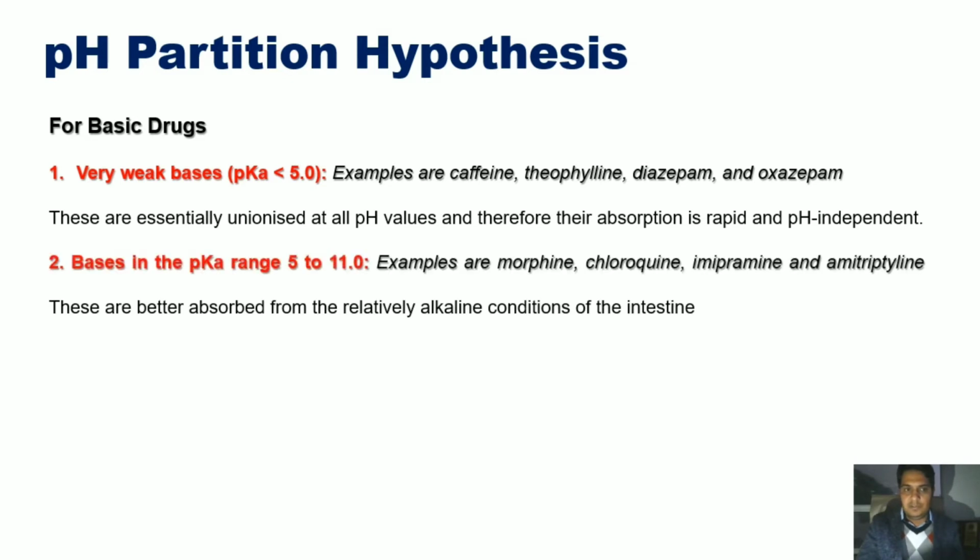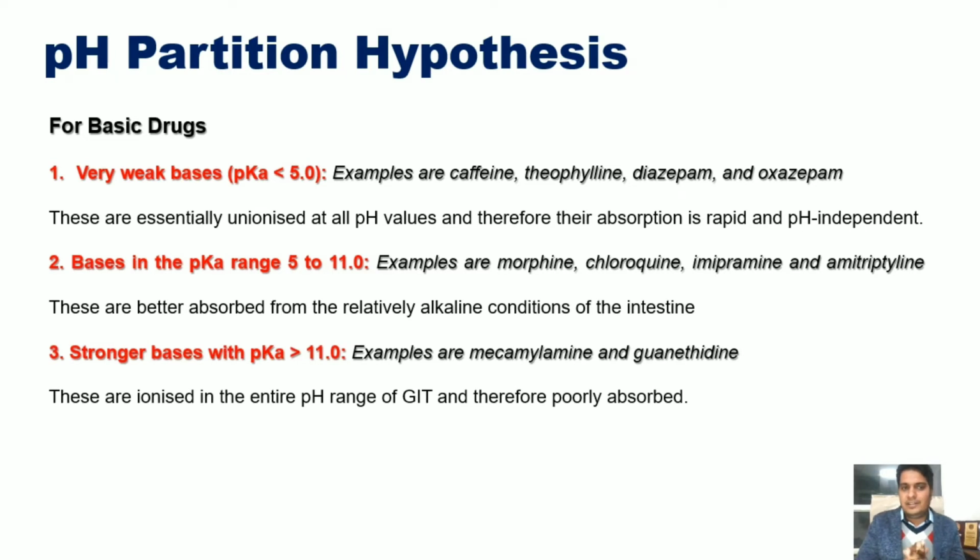conditions. If the drug is moderately basic, that is, in the range from 5 to 11, the examples are morphine, chloroquine, imipramine, and amitriptyline-like drugs. These will be absorbed from the relatively alkaline conditions of the intestine, so these will be absorbed better from the intestine.